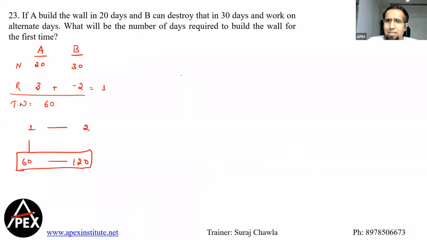So now the logic is quite simple, guys. From the total work, subtract the positive work. Clear? Which means here the base value becomes 57.